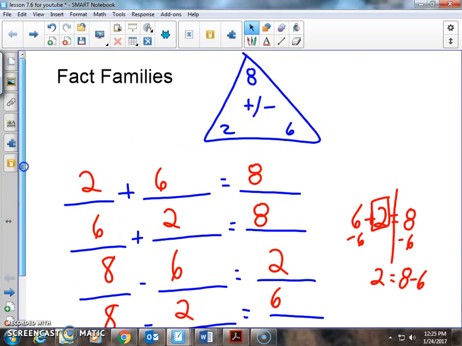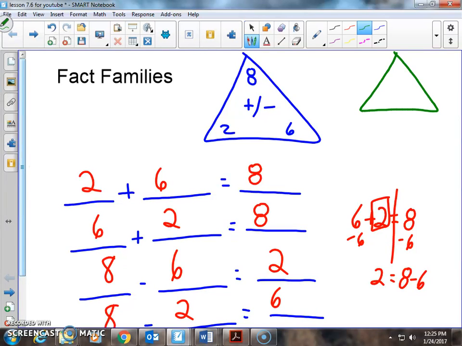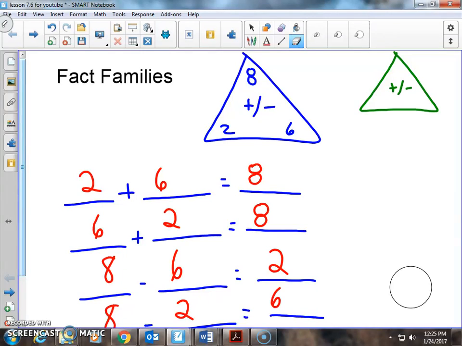And you might be thinking, well, I've got that. I know numbers. Well, here's what happens. We can think of it the same way if we had a fact triangle with adding and subtracting. But this time, let's pretend that instead of having numbers in our fact triangle, we have letters. We have the letter M here, and we have the letter R here, and we have the letter T here.